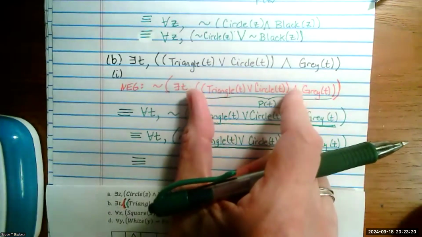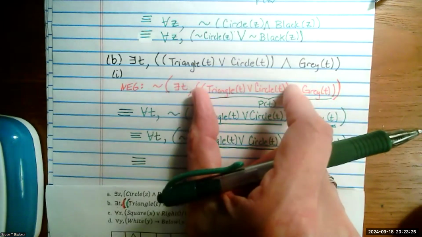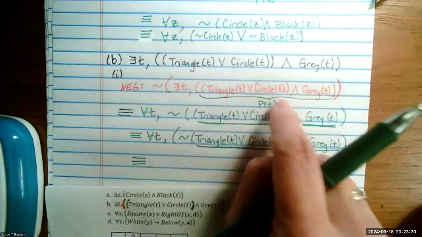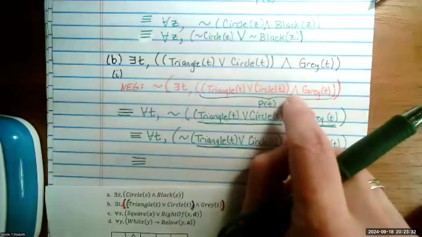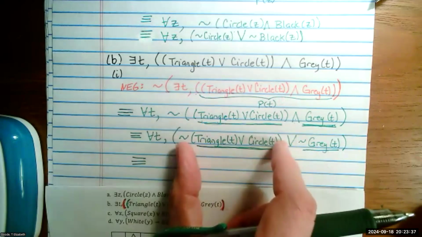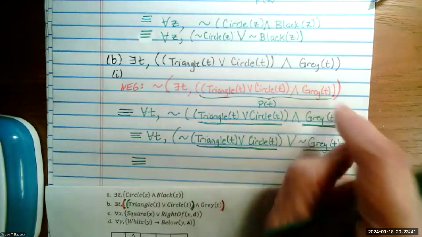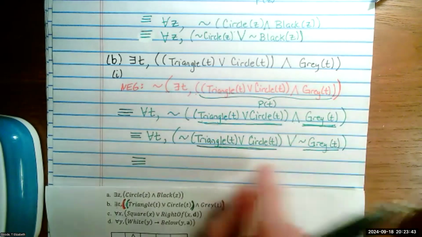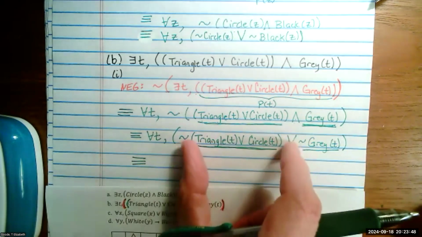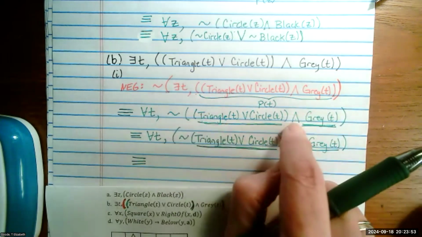Because the way these parentheses are written, we understand this is grouped together, anded with gray T. This is one component being anded with gray T. So we negate that component, flip the and to an or, and negate the gray T, the other component. That's why we haven't touched this yet, because the first thing that we did was negate this, which is an and statement.